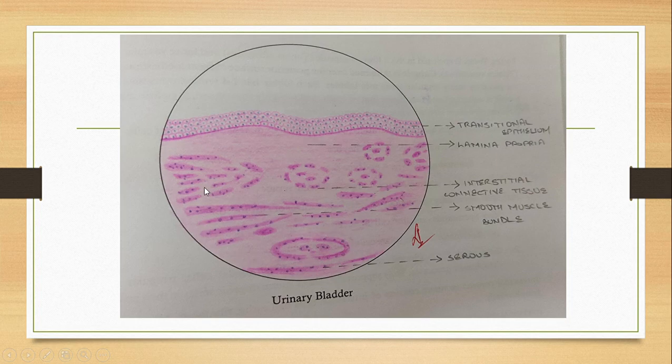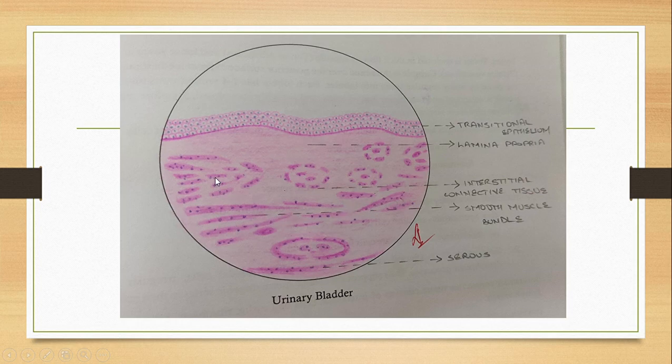The speciality of the muscular coat is that it has an inner and outer longitudinal layer. We can say this is a longitudinal section of a smooth muscle bundle, and the cut sections can be seen like rounded bundles. So inner longitudinal and outer longitudinal layers with an intermediate or central circular layer.